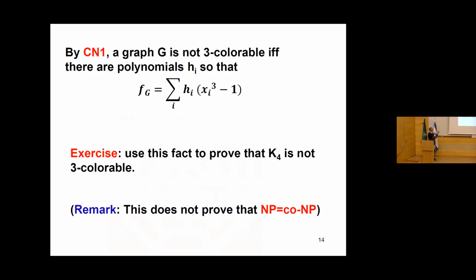Oh, so this is CN1, not Hilbert's Nullstellensatz, but the first version of the Combinatorial Nullstellensatz. And in that first version, the main thing was that the polynomial appeared in power 1. And also we knew something about the degrees of each h_i. Okay? Okay, thank you. Thanks.